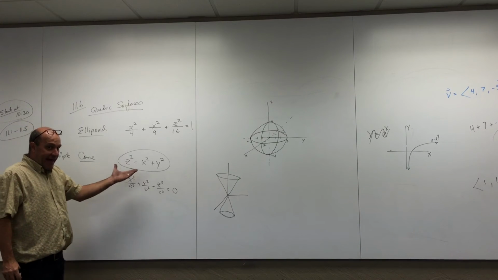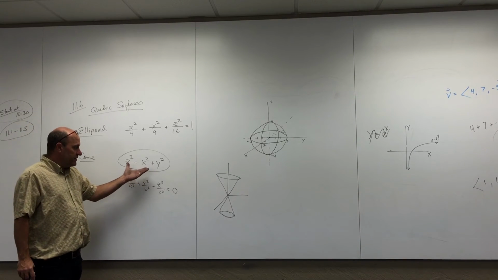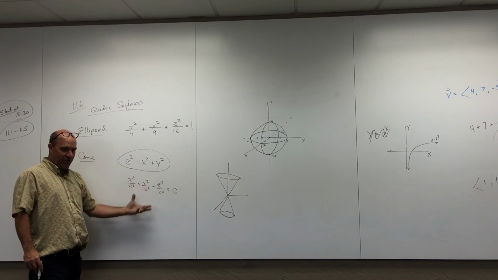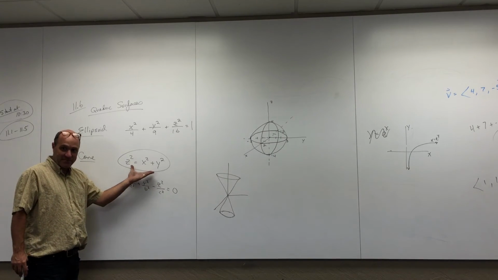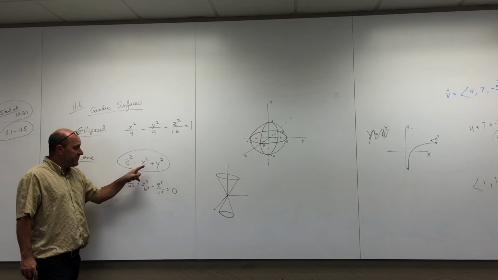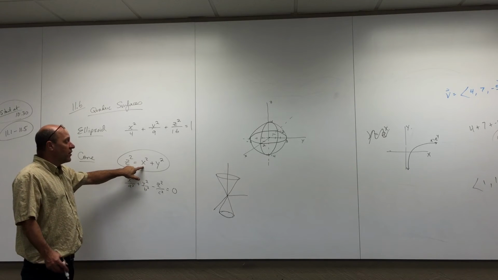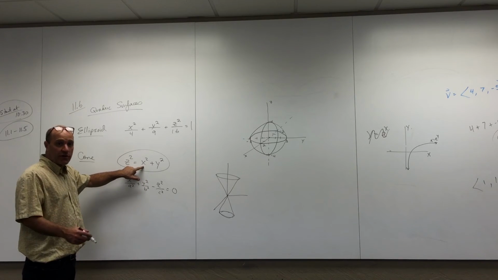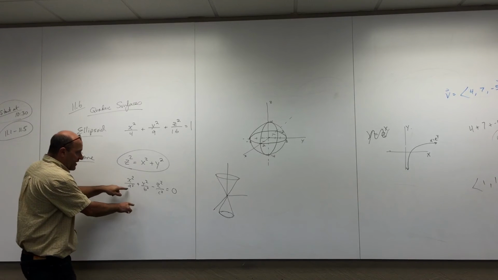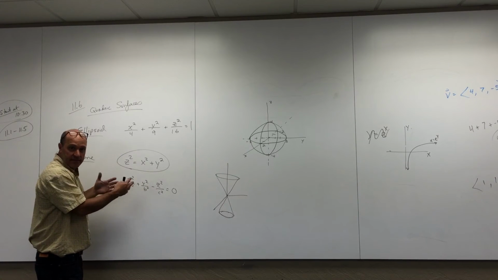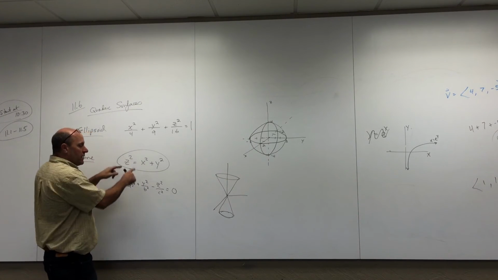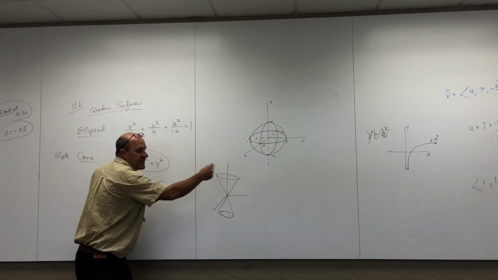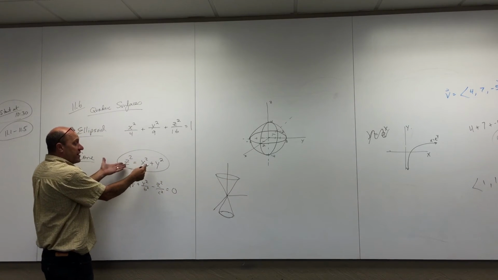Listen, we can talk about them in general, but I got a specific one here. My specific cone is not elliptical. It is circular, but in general, depending on the a's, b's, and c's, it could be elliptical. These could be elliptical cross sections, but my particular one here is circular.